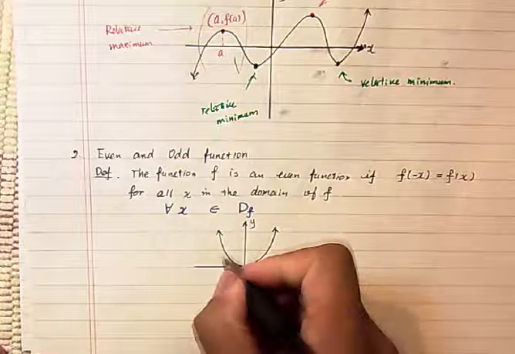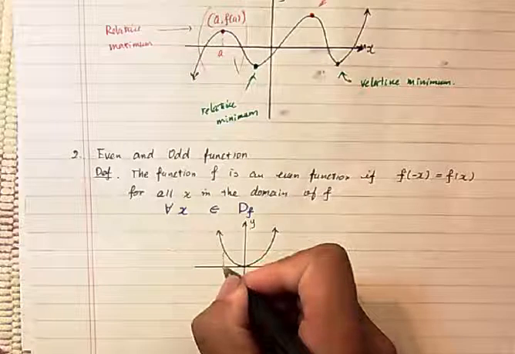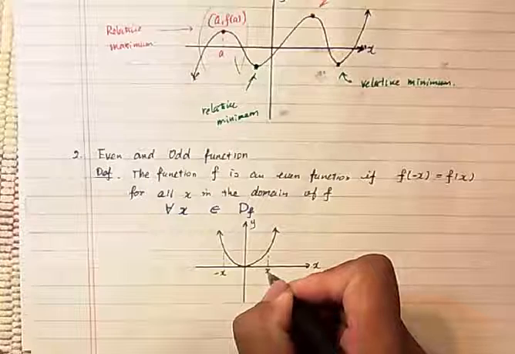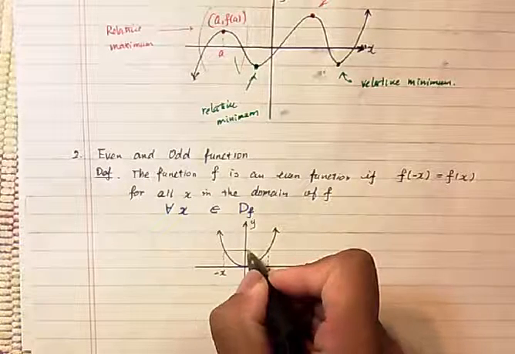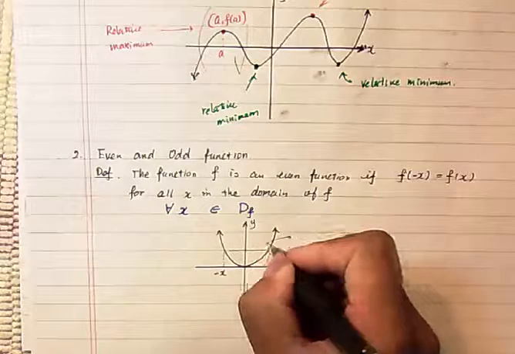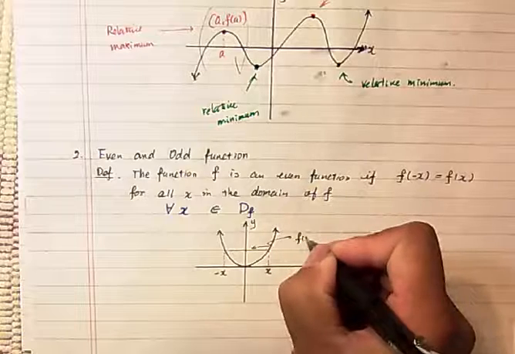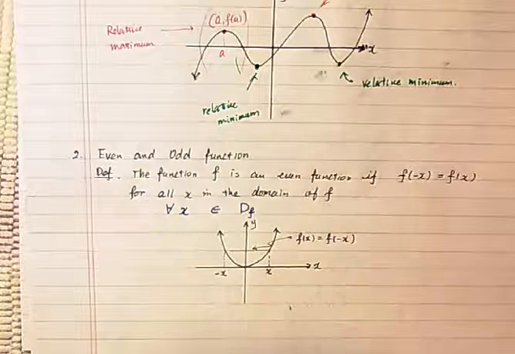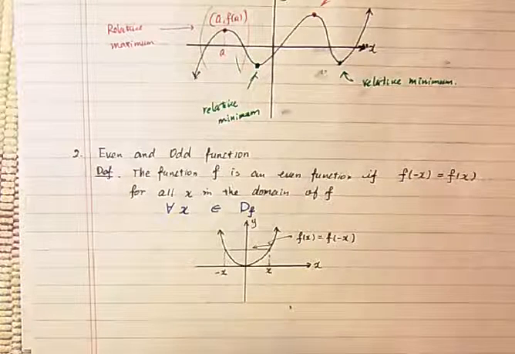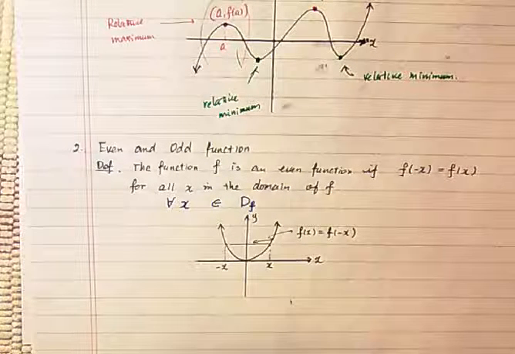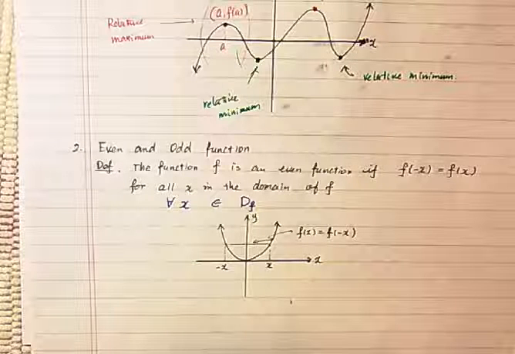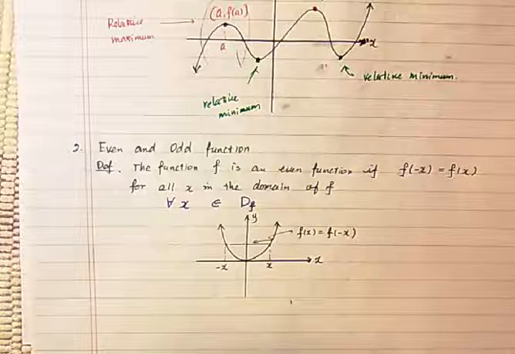The reason is, for instance, this maybe is negative x, and the same distance from the other side is x. Then the corresponding output here, f of x, is the same as f of negative x. Therefore, a quadratic function is an even function. So for an even function, we say that the function graph is symmetric with respect to the y-axis.